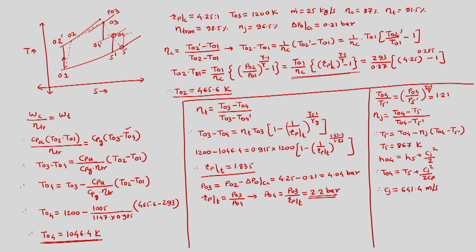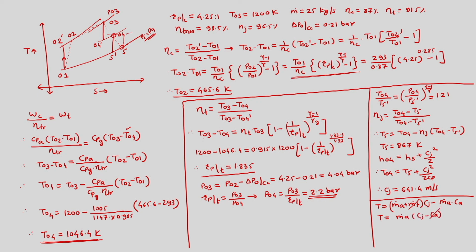Here we have considered complete expansion of the gas to the exit pressure, where P5 is equal to Pa, which is 1 bar. So there is no pressure component in the thrust. Thrust T is equal to (m dot A plus m dot F) into Cj minus m dot A into Ca. But the mass of fuel is negligible, so thrust is equal to m dot A into (Cj minus Ca).